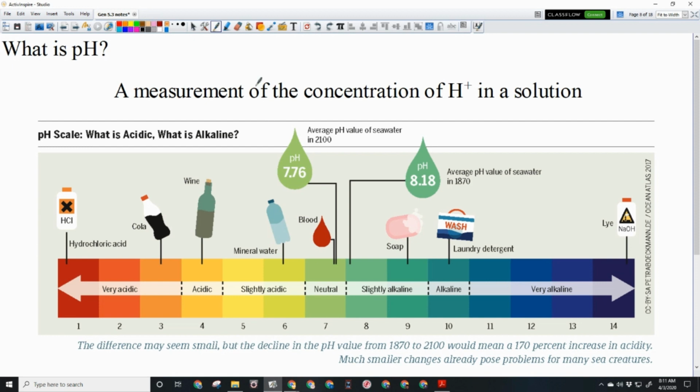I have a list on one of your worksheets that lists a whole bunch of foods and their pH values. There might also be a list in your reading in your book over acids and bases, a page that lists the different pH values of food.